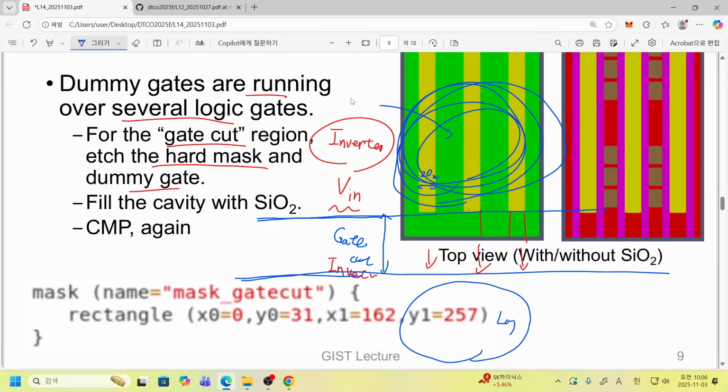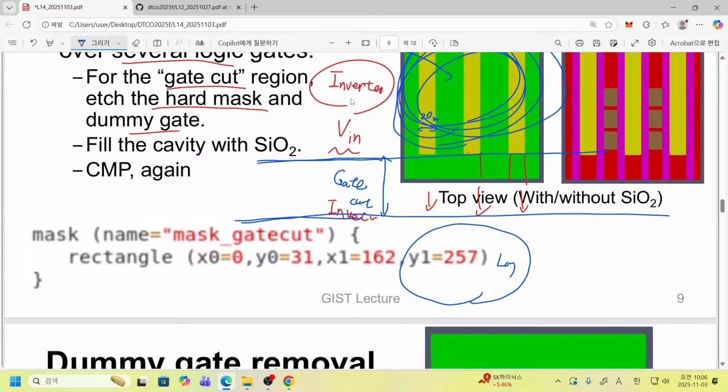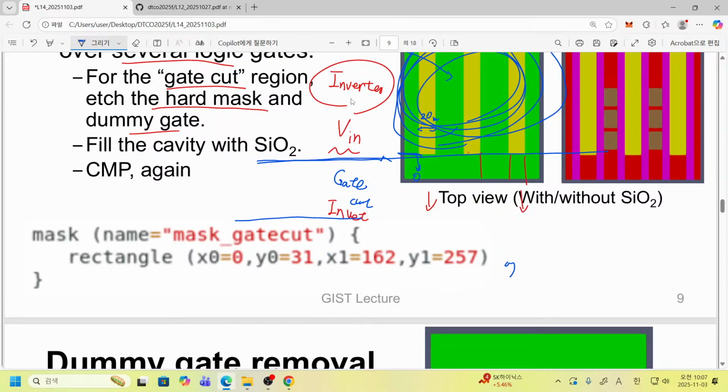In our example, we introduce this 31. So this is the position for gate cut. Starting from 0 up to here, we have 31 nanometer. Compared with an even shorter length scale, it has more margin. So we will have this gate cut.